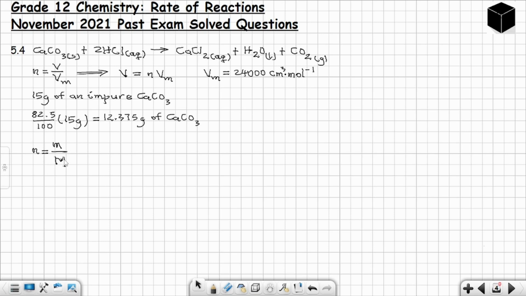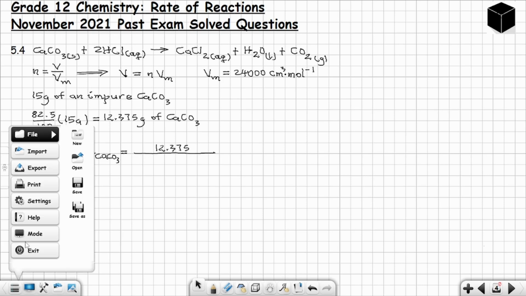And you can find this formula on the formula sheet together with the question paper that you will be given. So what is now the number of moles of calcium carbonate? It will be equal to mass over the molar mass. So now the molar mass will be calculated using the periodic table. So you should expect something like this.